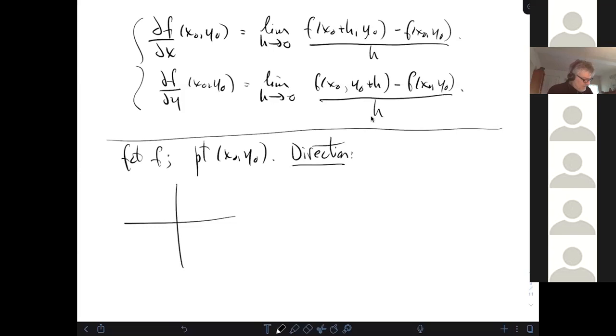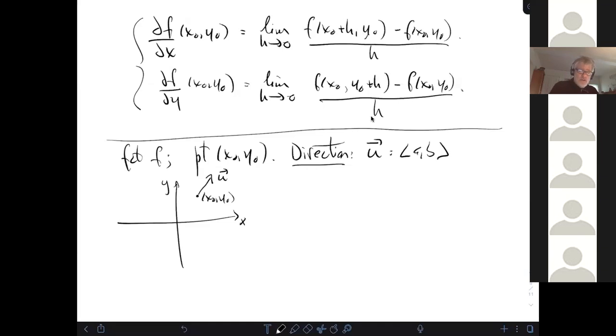Well, let's say this is the xy plane, and I have my point x0, y0 like that. I'm just going to choose a vector, u, that points in some direction like that, and locate it at x0, y0. So this will be a vector u. Let's say I call its components a, b.